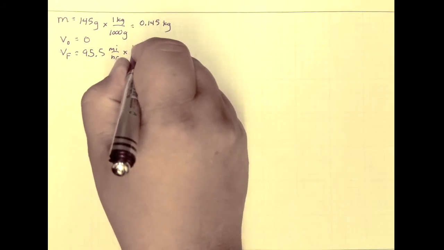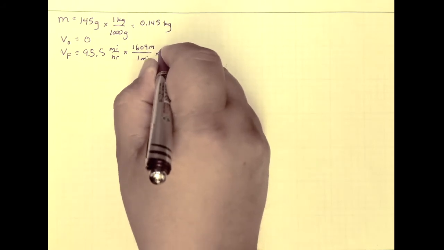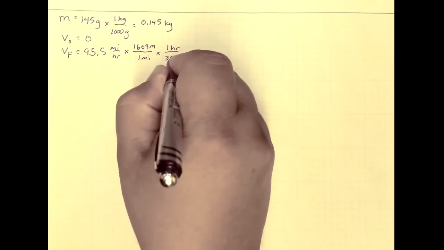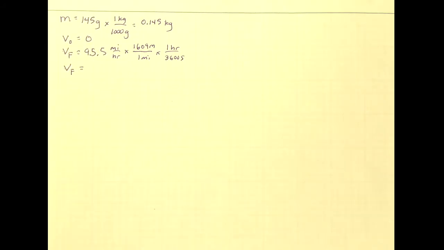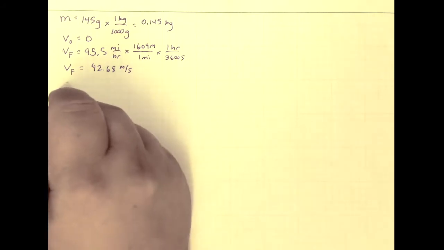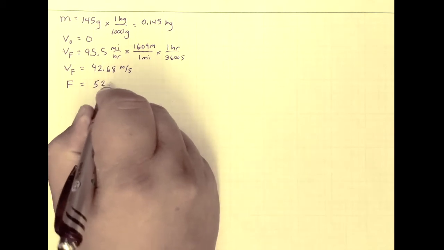So we use the fact that there are 1,609 meters in 1 mile, and 1 hour has 3,600 seconds. And that gives us the result that the final velocity of the ball is 42.68 meters per second. And finally, we are told that the constant force exerted on the baseball is 52.4 newtons. So we've now written out all of our data, and we've made sure that everything is in the proper units.